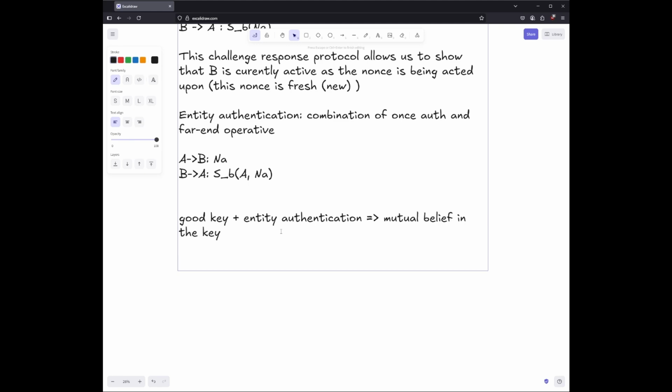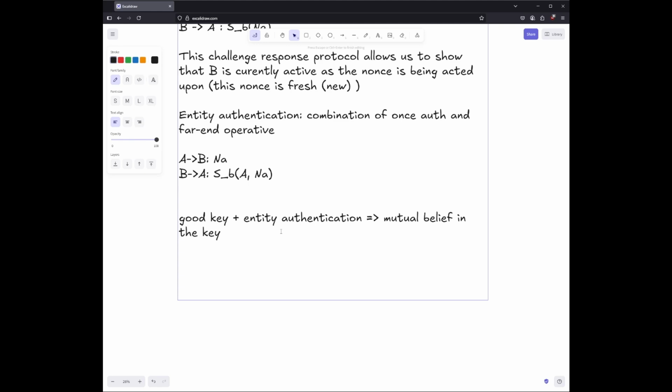Because of this mutual belief in the key, we're able to say, okay, cool, Alice and Bob will both trust each other within this protocol, and this allows for a protocol to be good and secure. Cool. And then I think that's about what I wanted to cover for today.